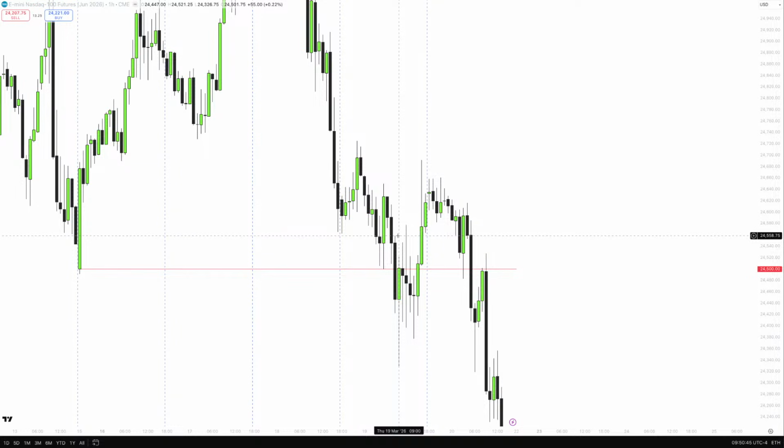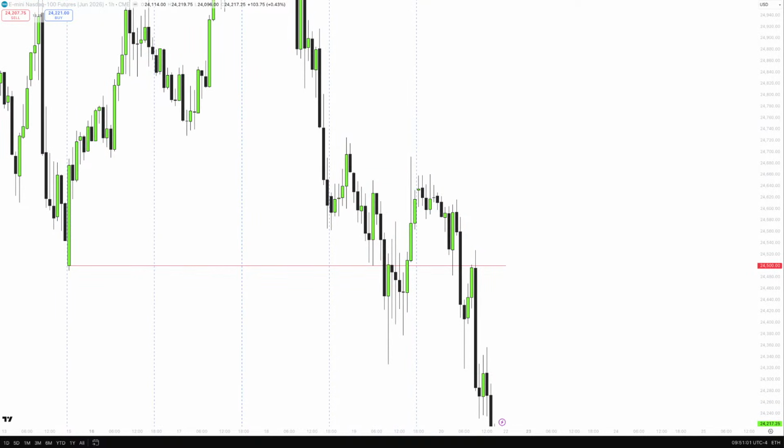Not only the fact that we displaced below it and then at the next candle displaced above the new week opening, but also because this is an IPTA time, 9 a.m. Based on these two things, you could say this wick right here could act as support to look for longs.